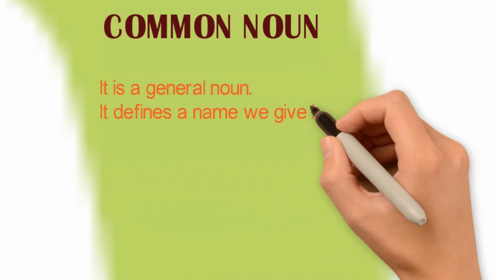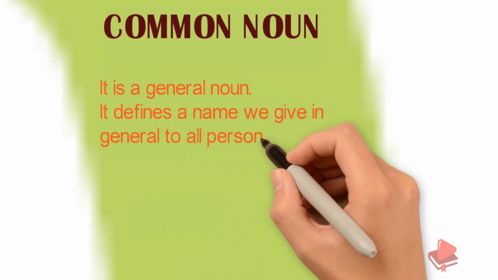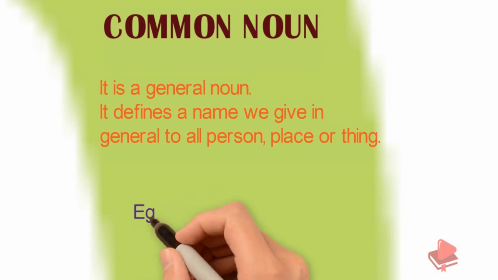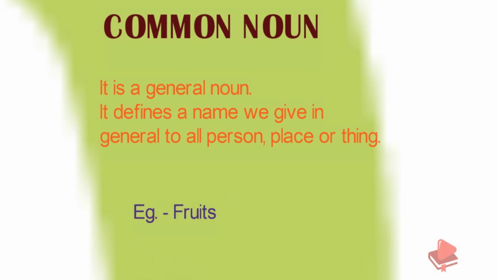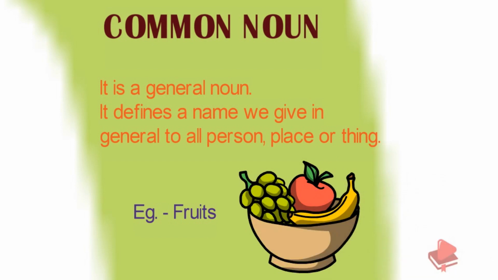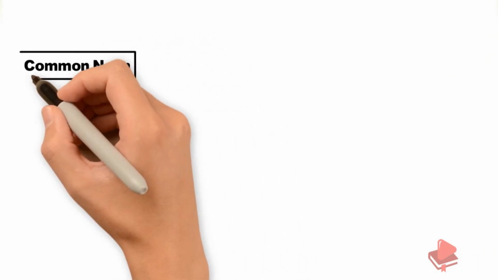It defines a name we give in general to all persons, places, or things. For example, fruits. Here we are talking about the fruits. So that is a common noun.